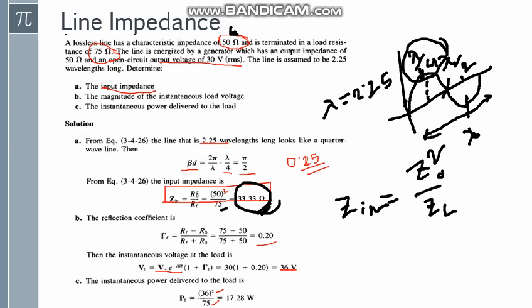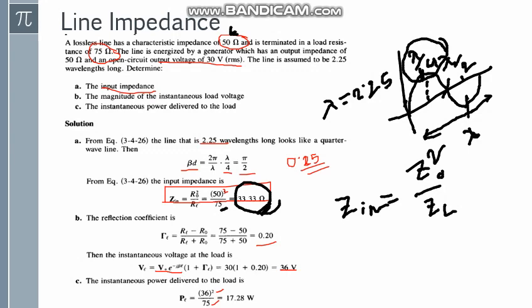In which condition will we do it? First of all, 2.25 wavelengths looks like a quarter wavelength. How can we understand that it is a quarter wave line? First of all, beta d, from the previous wave equations.